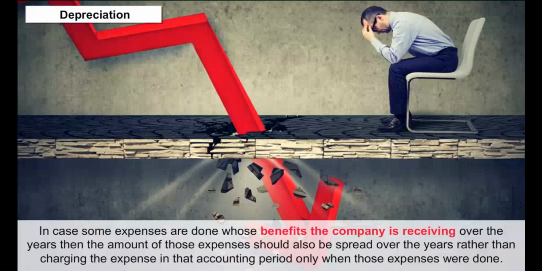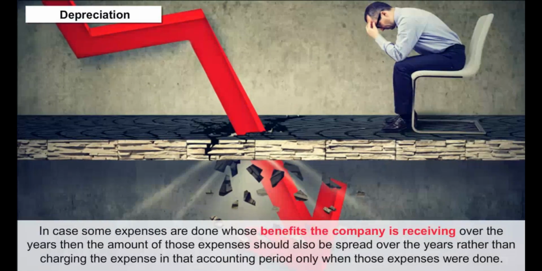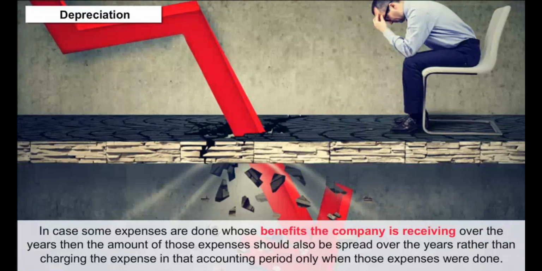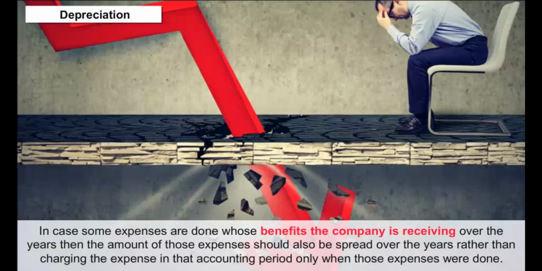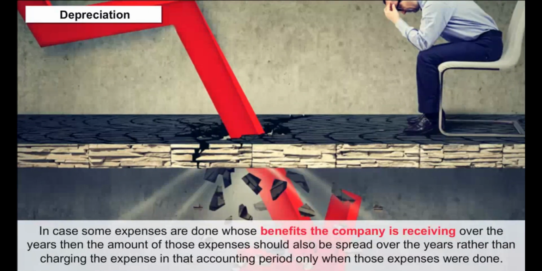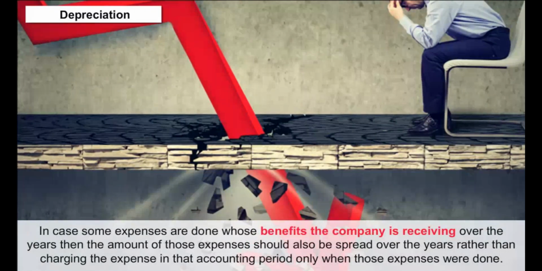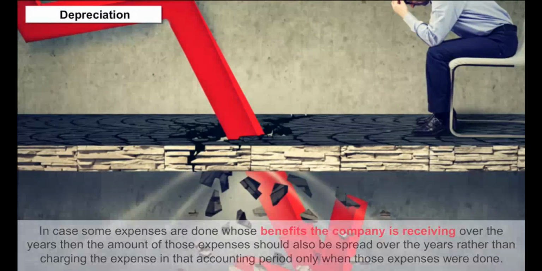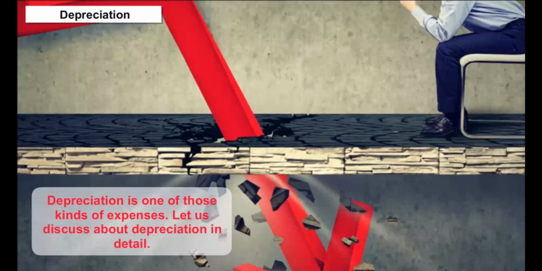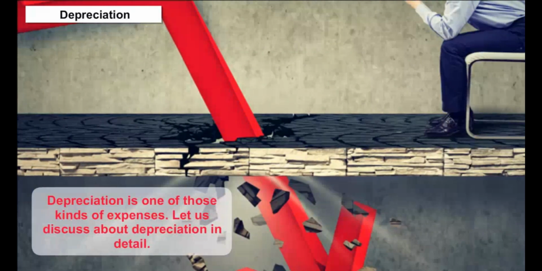In case some expenses are incurred whose benefits the company is receiving over the years, then the amount of those expenses should also be spread over the years rather than charging the expense in that accounting period only when those expenses were incurred. Depreciation is one of those kinds of expenses. Let us discuss depreciation in detail.